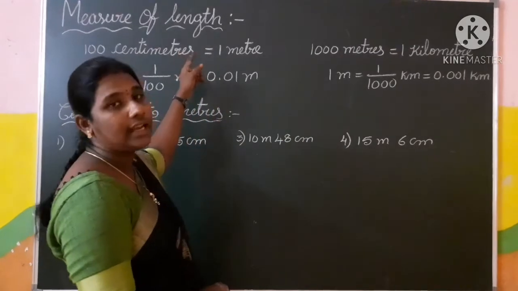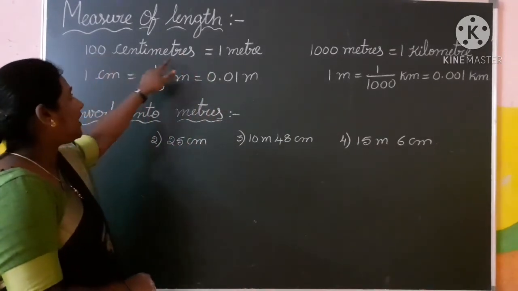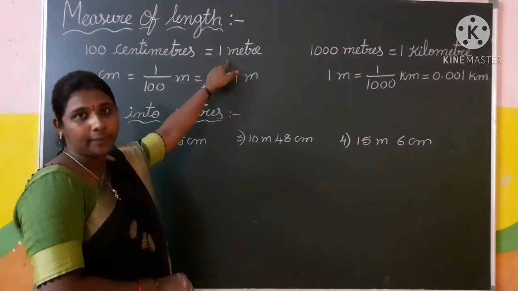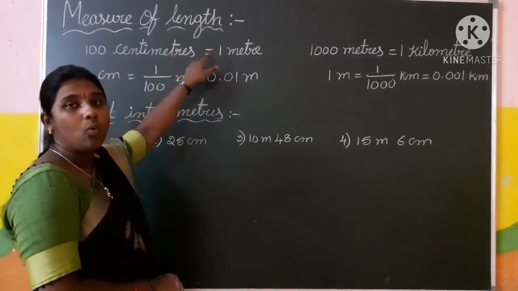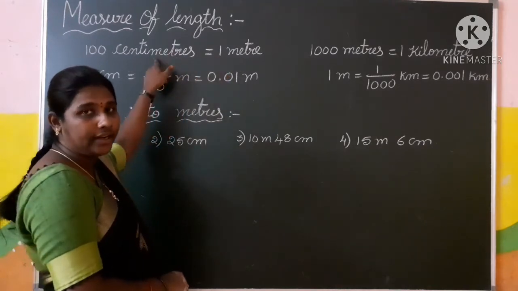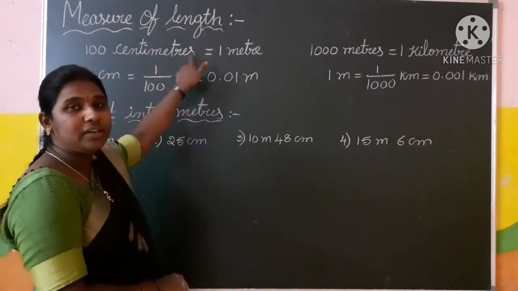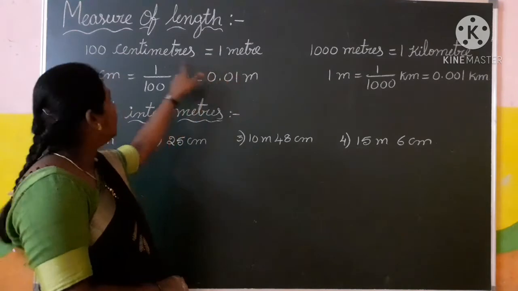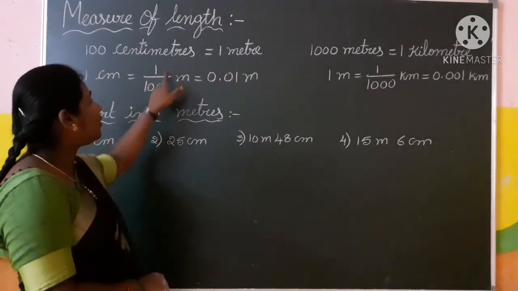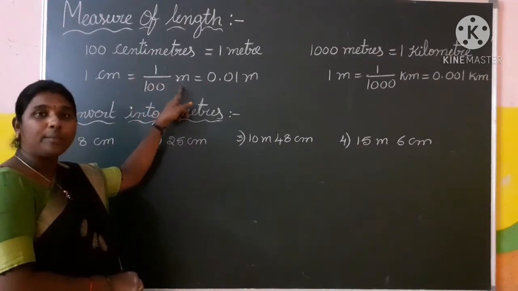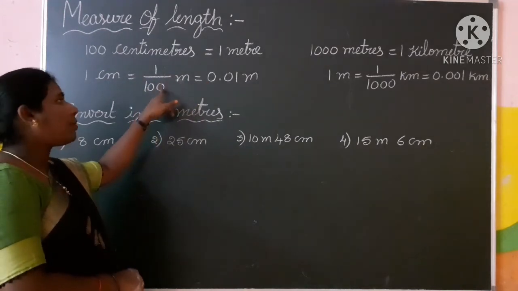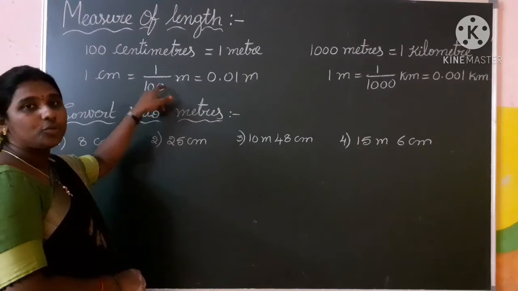Next one is measure of length. 100 centimeters is equal to 1 meter. 1 meter is equal to 100 centimeters. So 1 centimeter is equal to 1 by 100 meters. Here in the denominator 2 zeros are there, so we should put 2 numbers after the point in the numerator.